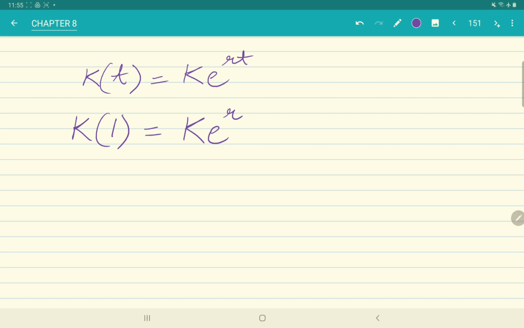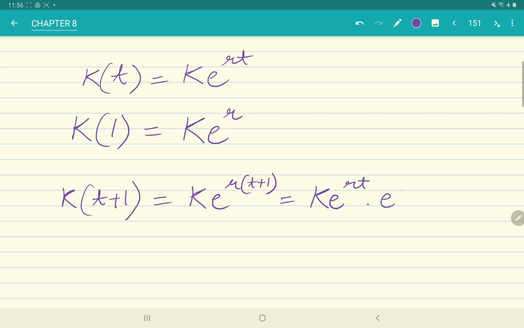And if I just think of k of t plus 1, that actually gives us k e raised to the power r(t plus 1). So this is equal to k e raised to the power rt, then you have e raised to the power r.